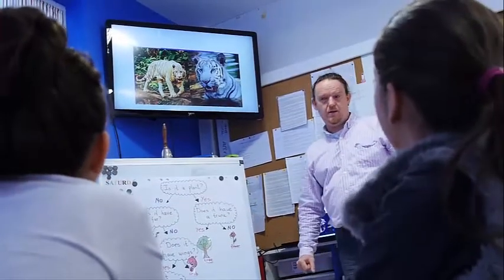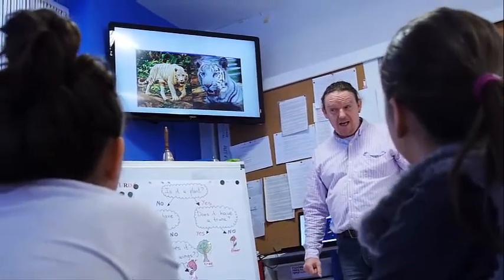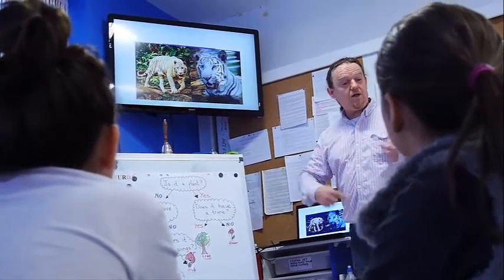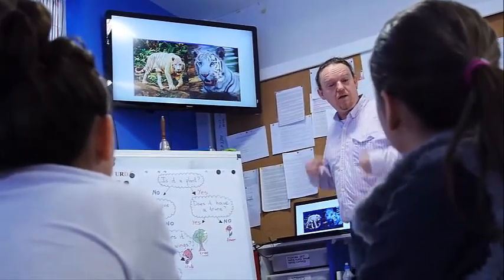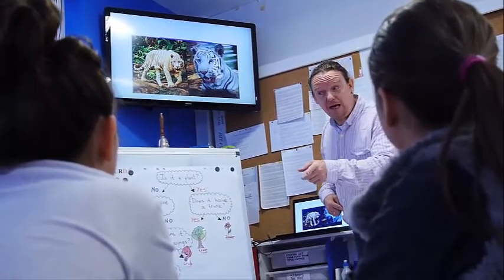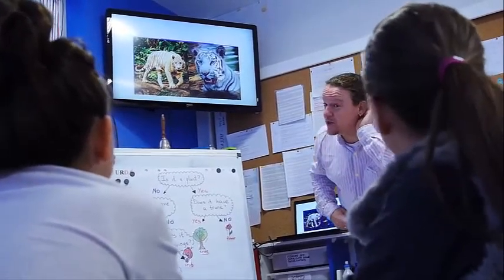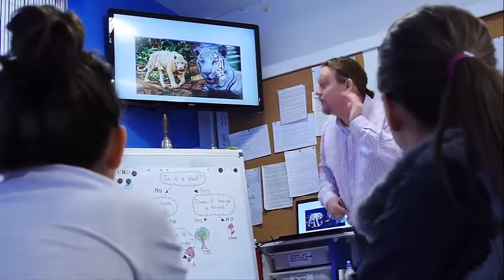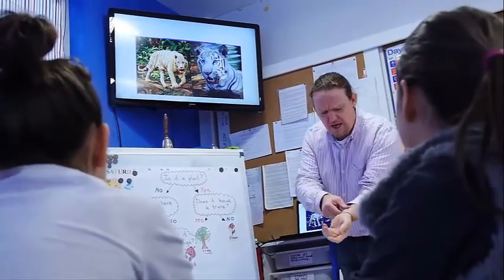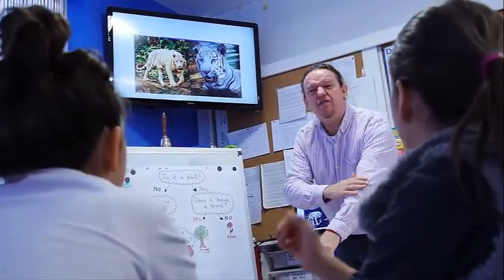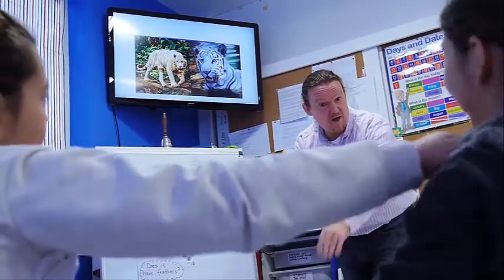What's that? Tiger. It's a tiger. And what are these on its body? Stripes. It has stripes. Everybody say that. It has stripes. Stripes. Very good. Does it have skin? No. It has fur. Fur.